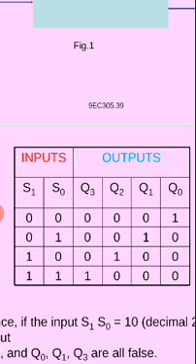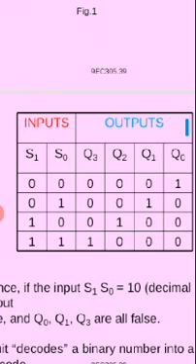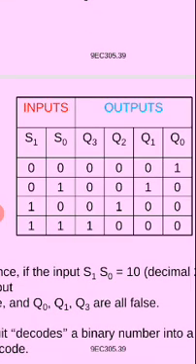That is for S1 and S0, the combinations of inputs are 0, 0, 0, 1, 1, 0, 1, 1. These combinations we get for two inputs S1 and S0.